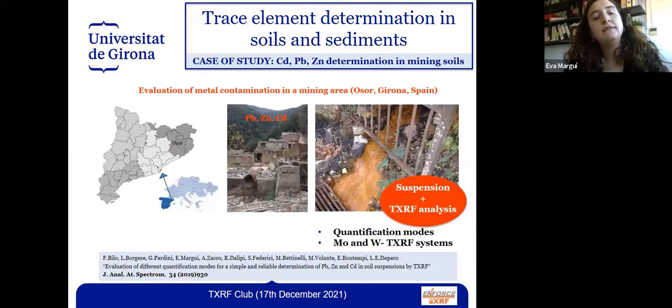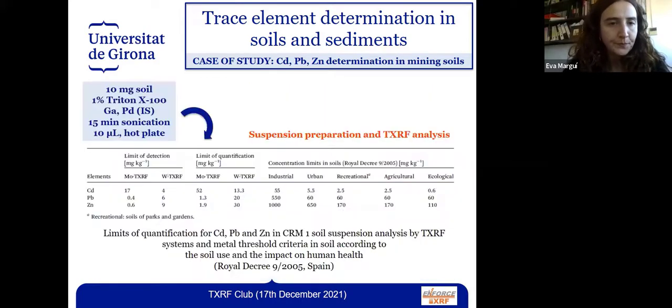Only to say that in this study, we focus mostly on the comparison of two TXRF systems, one with a molybdenum X-ray tube and the other one with a tungsten X-ray tube. And we focus also on the best quantification approach.